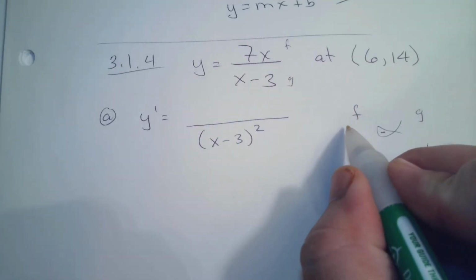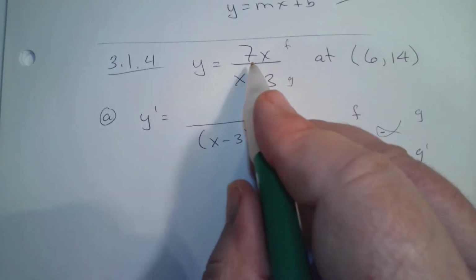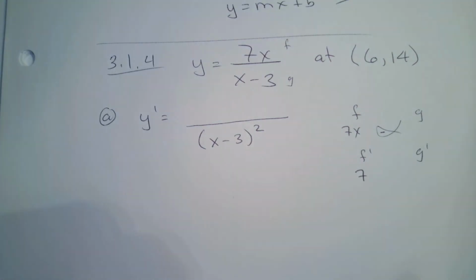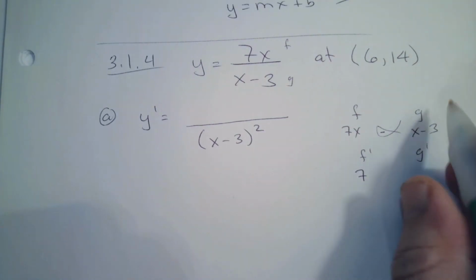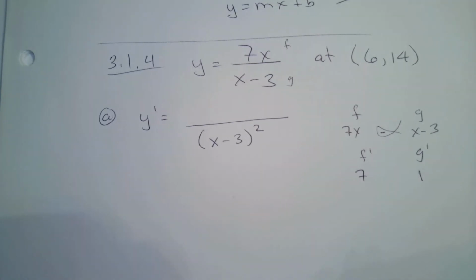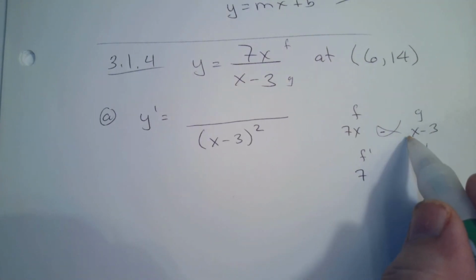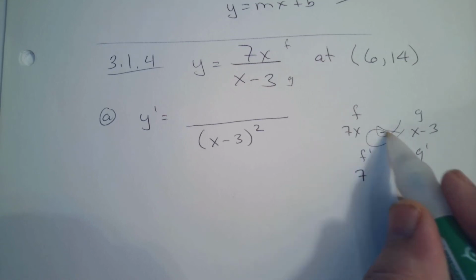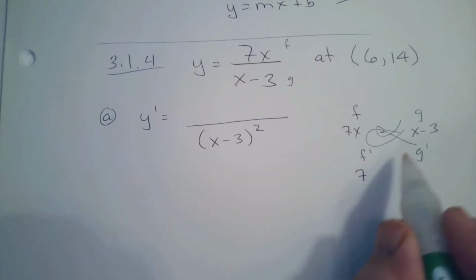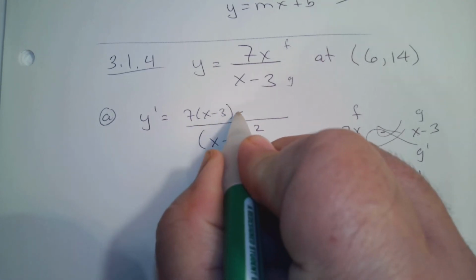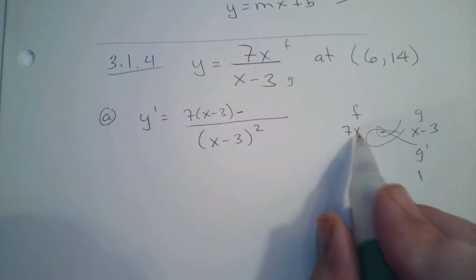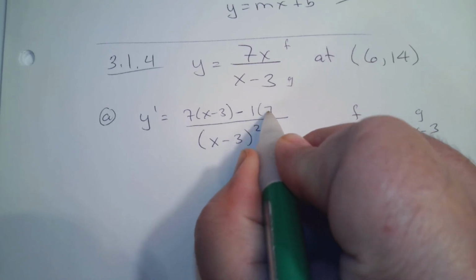The top is 7x. The derivative is 7. The bottom is x minus 3. The derivative is 1. So the fish is this way. So 7 times x minus 3 minus 1 times 7x.